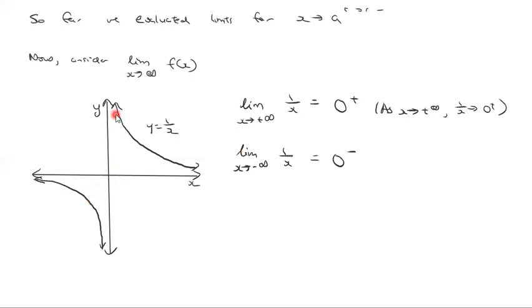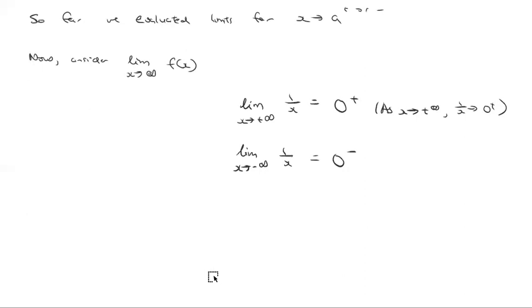Now, if you didn't have this graph, so imagine this graph wasn't here, then the other thing you can do, and we're obviously starting with something simple, is think of it sort of algebraically. Now, you can't actually do algebra with infinity. You can't just sub in infinity. But if you think about it conceptually, this is basically saying what's going to happen to 1 over a very, very big number.